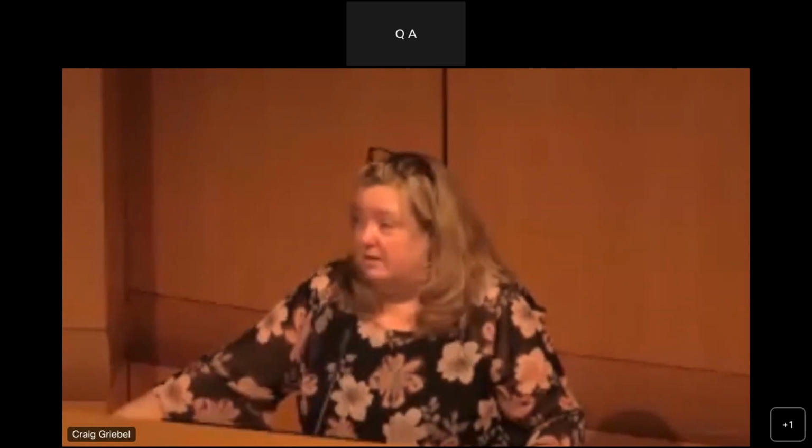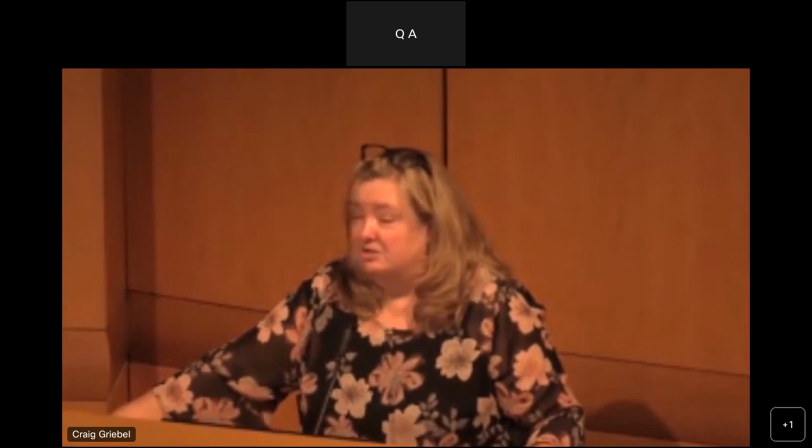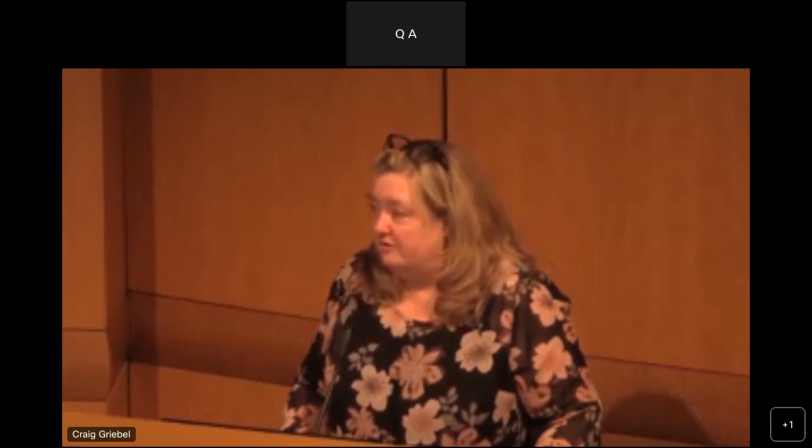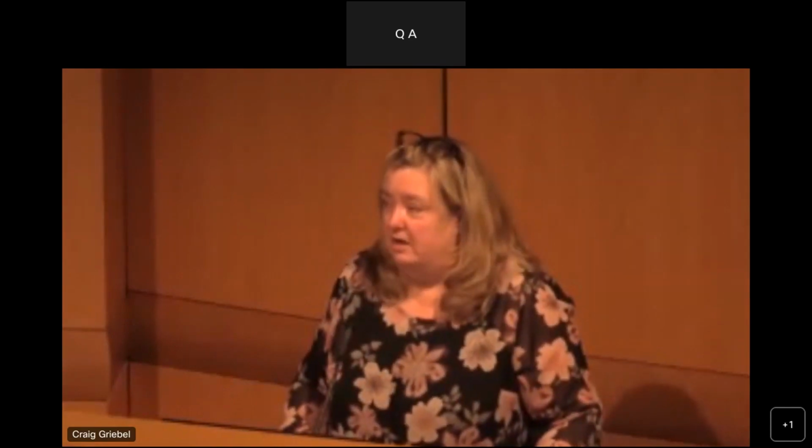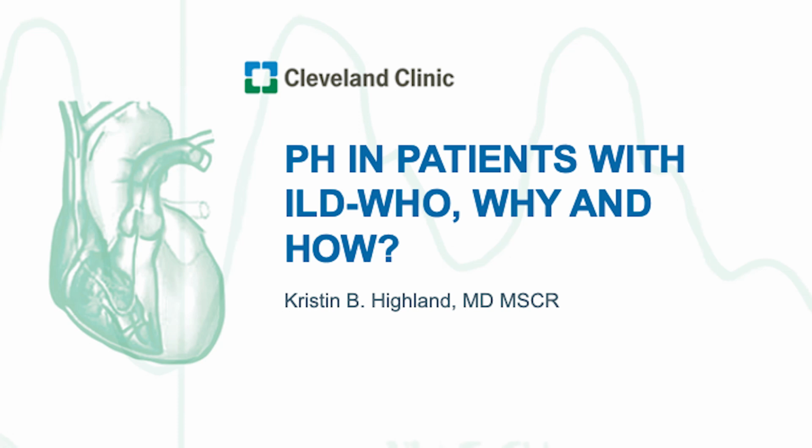If we do a BAL and measure thrombin in these patients, it's elevated. If we put thrombin on a fibroblast, it turns into a myofibroblast. So there's an inherent connection between some of the pathobiology of pulmonary hypertension and the pathobiology of interstitial lung disease, which kind of makes this a really interesting area.